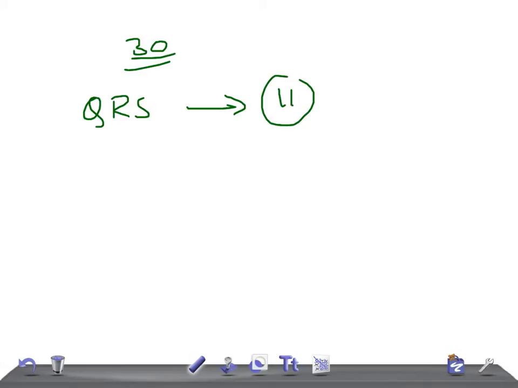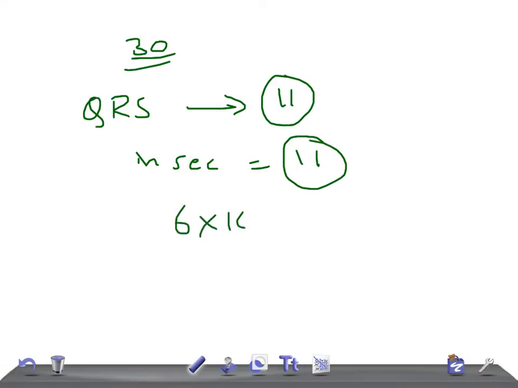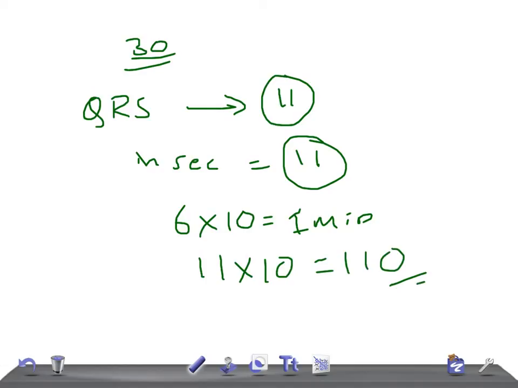As we said, the 30 large squares coincide with 6 seconds, so the number in 6 seconds is the same, 11. Therefore, to get the number of complexes in a minute, multiply by 10, since 6 seconds multiplied by 10 is 1 minute. So 11 QRS complexes times 10 is 110, so it's going to be 110 beats per minute.